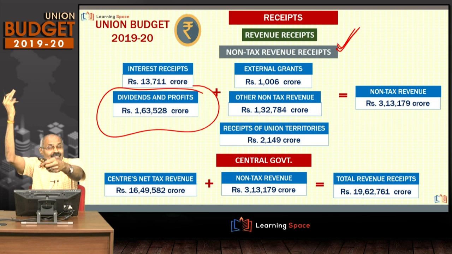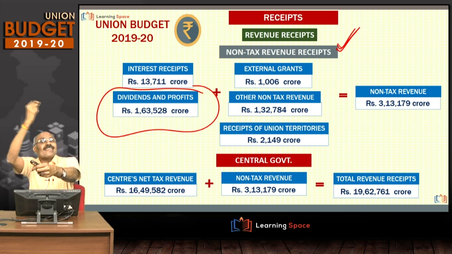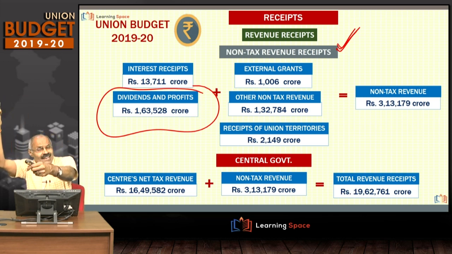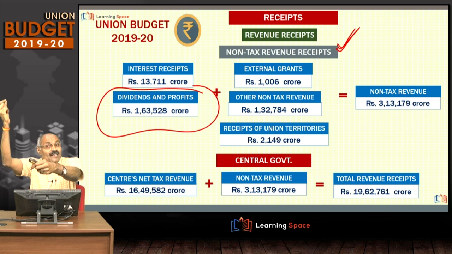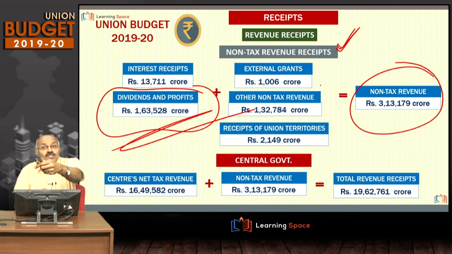The profits of public sector enterprises will be shared with the center because the center is the majority shareholder in them. Dividends, when the companies are performing well, they pay dividends. So friends, this is the major component of non-tax revenue for the center. Total around 3 lakh crores is the non-tax revenue. Please don't forget, this is not required to be shared with the states, right?